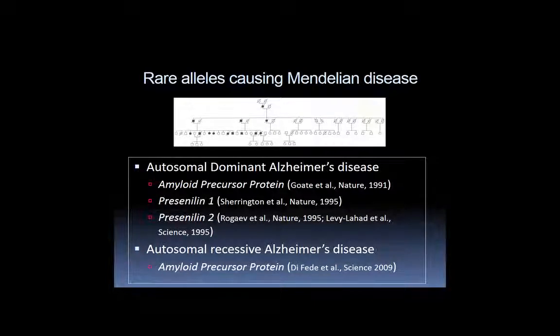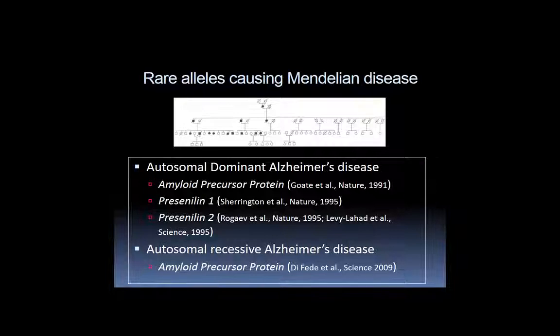It was a pretty large region. So we could say that in this family, the same region of chromosome 21 was segregating with the affected individuals. So there was linkage in this family between the disease and a specific polymorphism in APP.